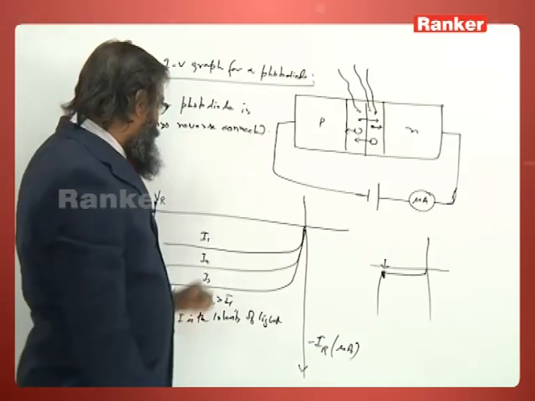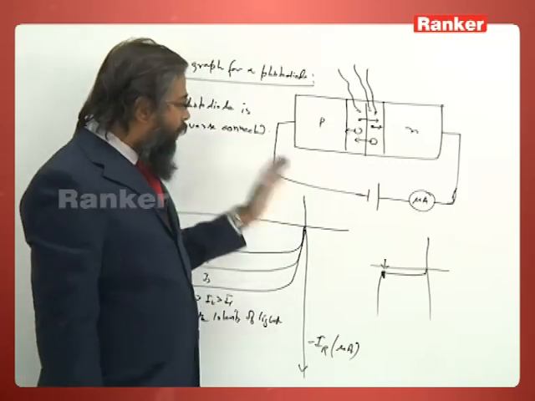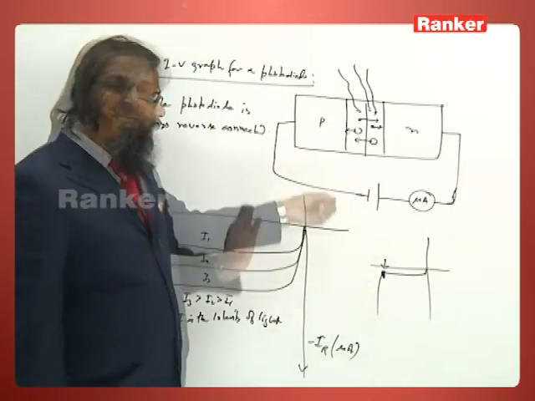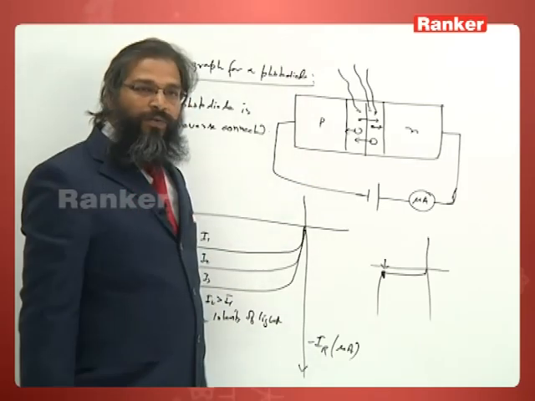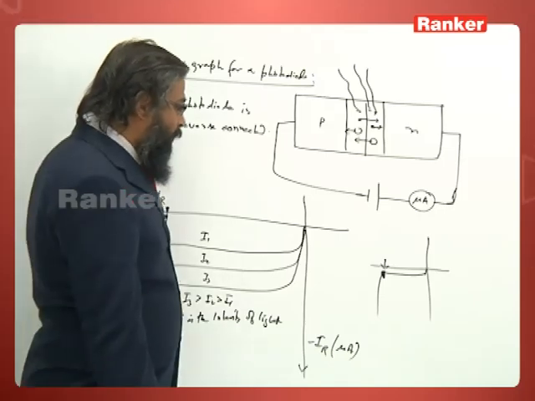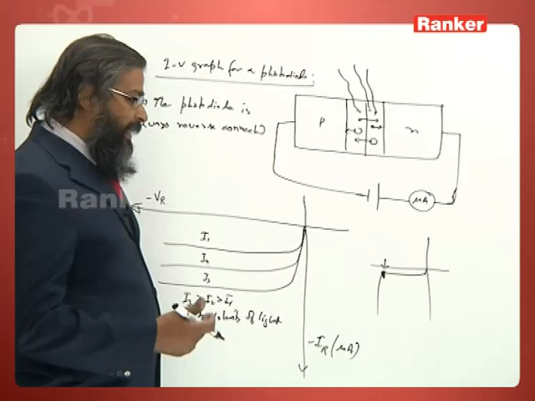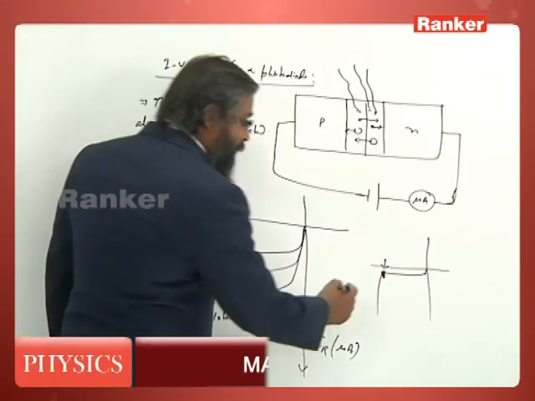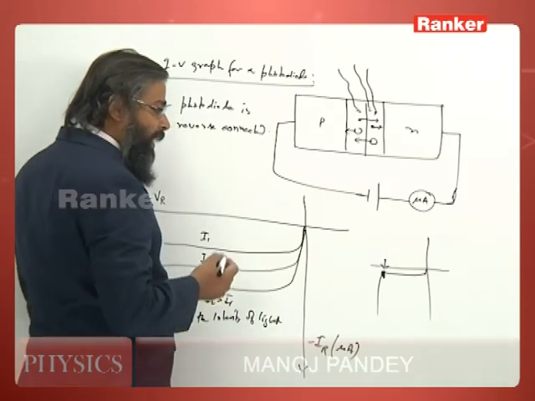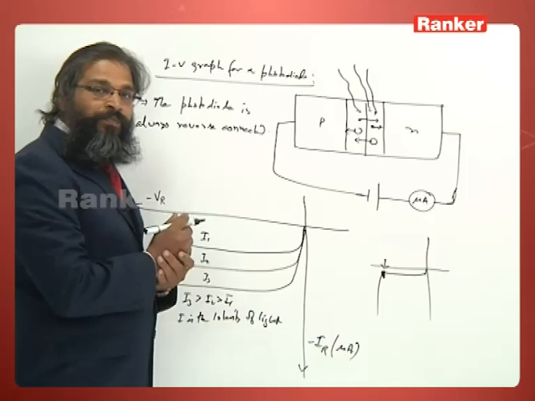Here we must keep in mind that this reverse bias should not reach the breakdown region, otherwise this photodiode will not work. If you want to work this photodiode in this region, then you have to suitably design it.